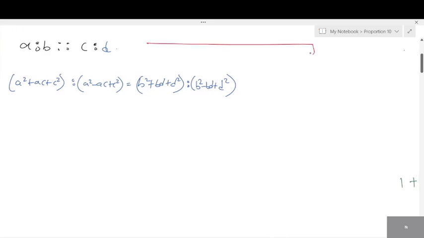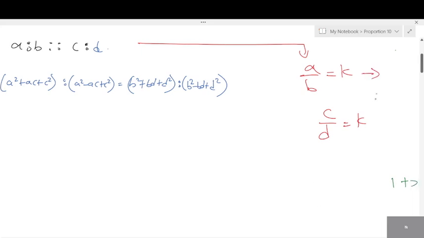Use the same concept. Take this A by B as K, C by D as K. From this, we get A equals BK and C equals DK. Substitute these two values.